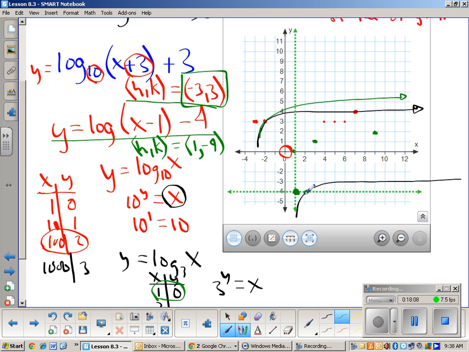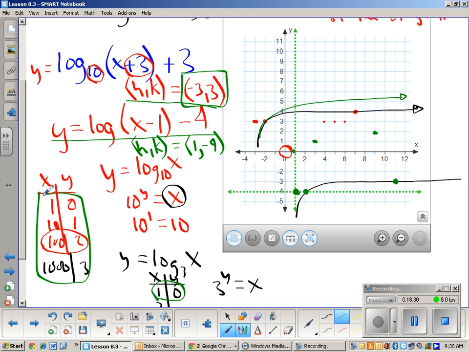Now I'd have this point here, over 1, up 0, over 10. That's like right here, up 1. Okay, from my new origin. I'd use this table from my new origin. Okay?